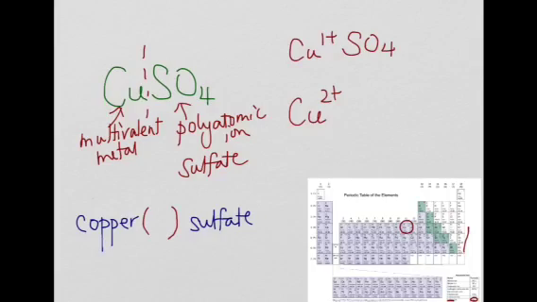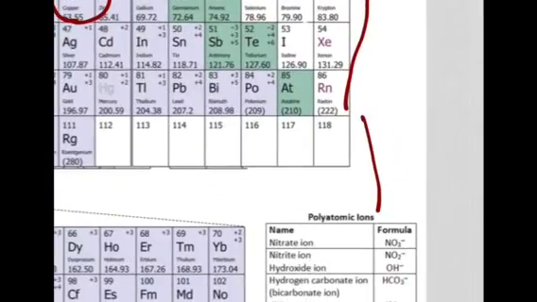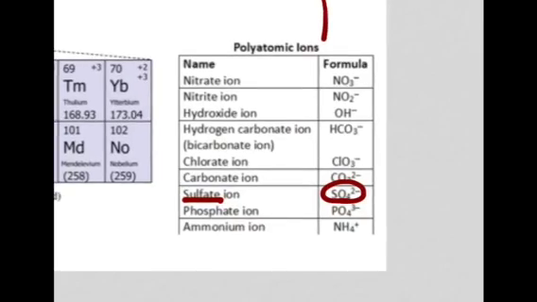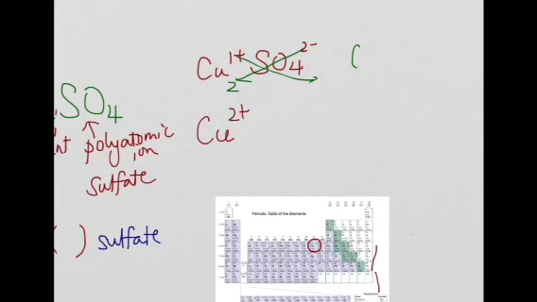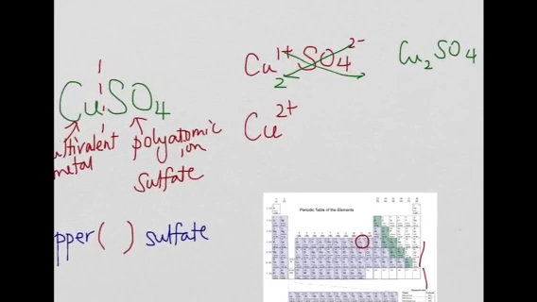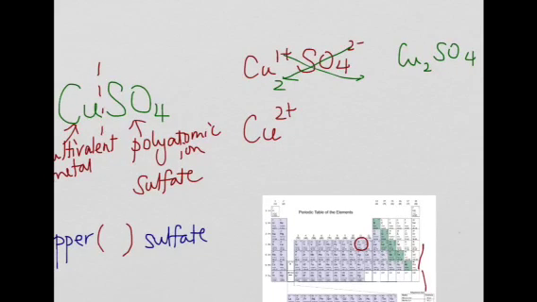Sulfate is SO4 2 minus. If we were to do the crisscross, you would get a 2 and a 1, which is invisible. So you would get Cu2SO4, which, if you look, is not the formula that was given. So this is not right.